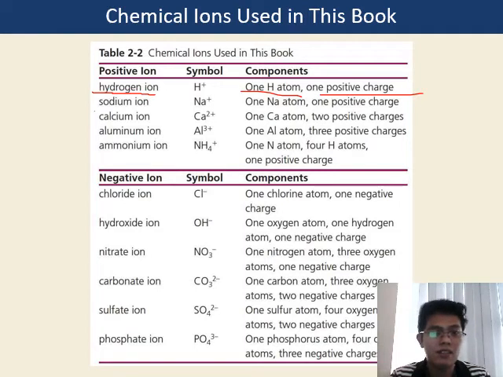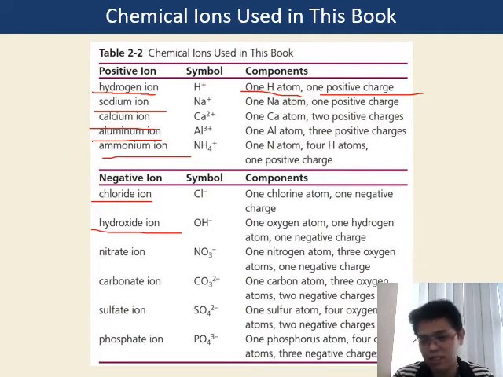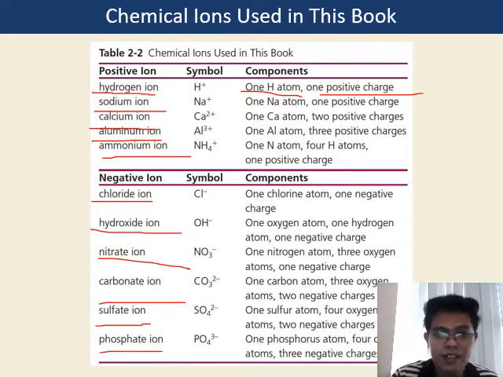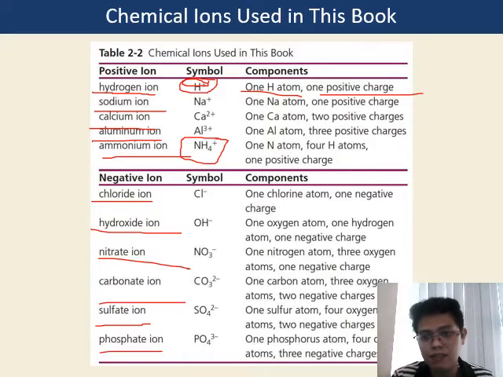We have sodium ion, calcium ion, aluminum ion, and ammonium ion. An example for negative ions, we have chloride ion, hydroxide ion, nitrate ion, carbonate ion, sulfate ion, and also phosphate ion. So see the difference? This is one element. This one is two elements, so it's ionic compounds, and this is an ionic element or molecule.